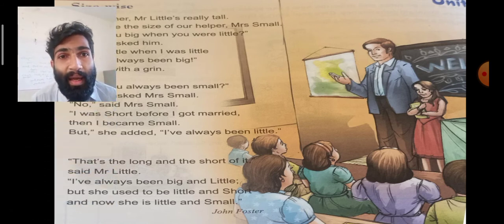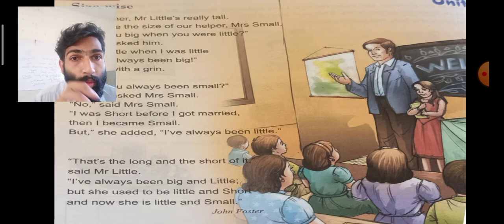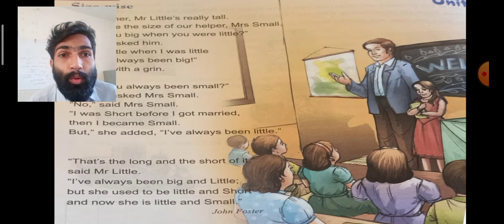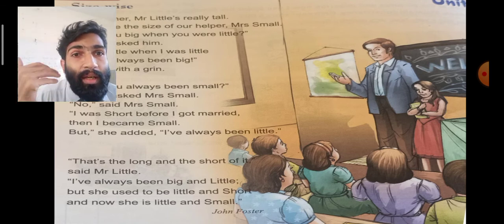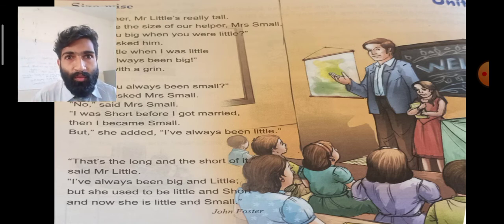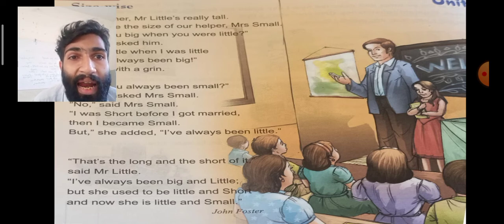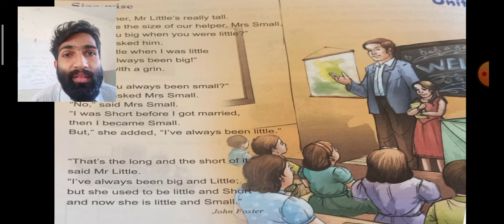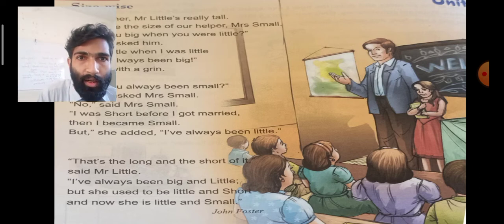So after the marriage, her name became Small. Girls change their name after marriage, but boys don't. But she added, "I've always been little." So her size was always little, from childhood and now also.